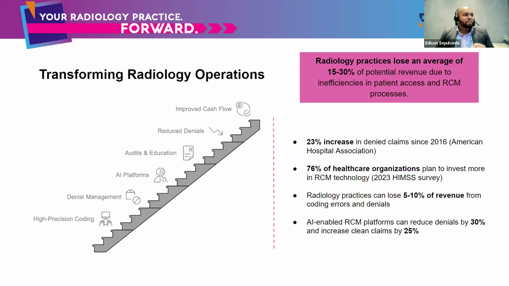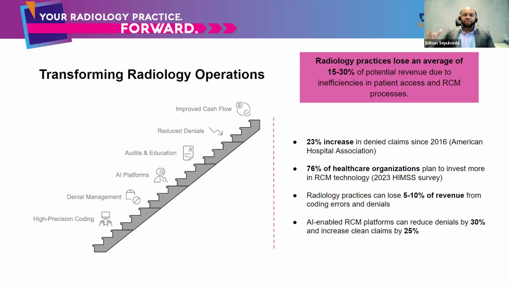The main takeaway from what you see on your screen at the moment is that between 15 and 30% of potential revenue is lost due to inefficiencies in the whole chain of patient access and RCM. And again, one of the key takeaways is we need to look into patient access to be able to fix whatever is an issue with our RCM.